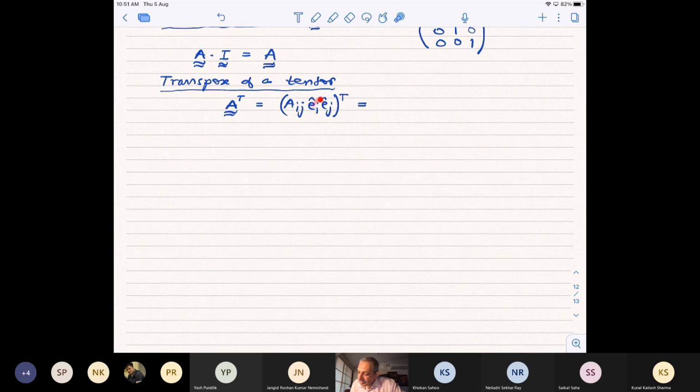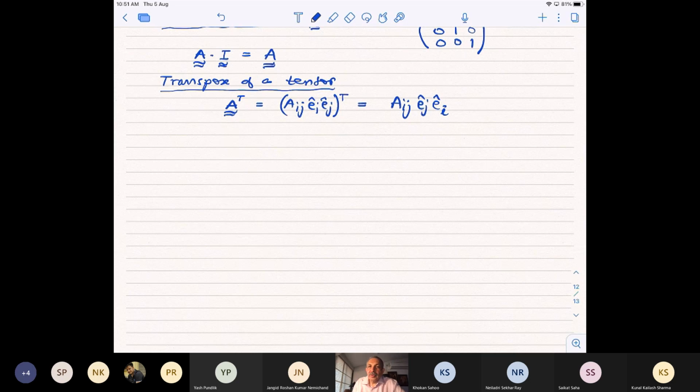One way of doing it is to interchange the order of this dyadic product. So we can simply write Aij, Ej, Ei. This is the transpose of A. So these unit vectors have been interchanged.